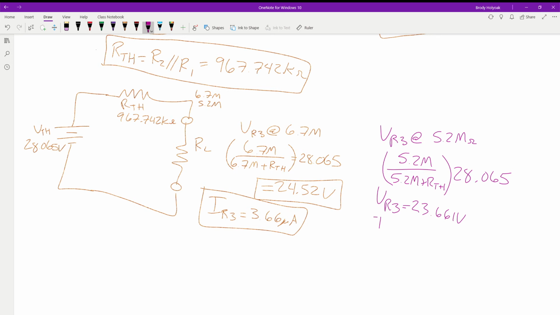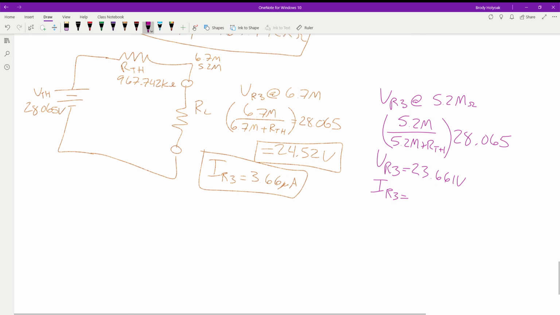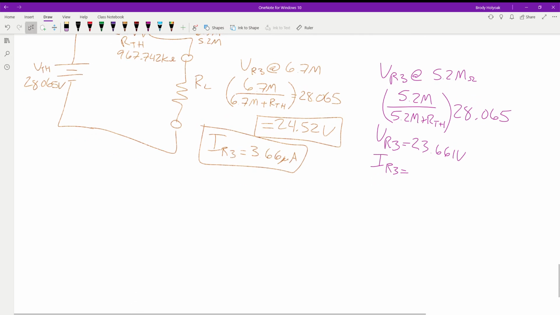And then the current, we take that voltage divided by its resistance. What kind of current do we get? Okay.